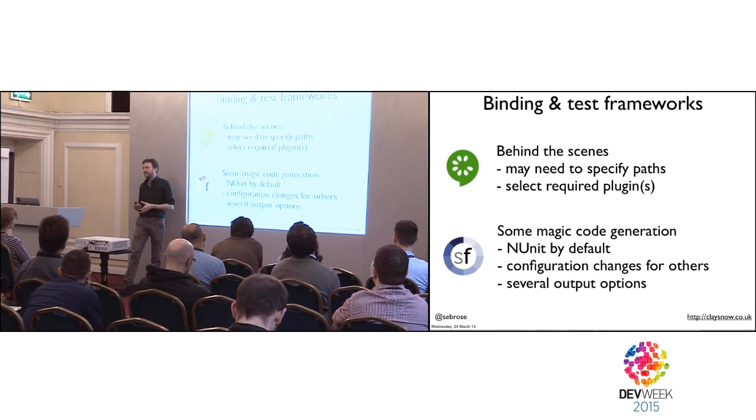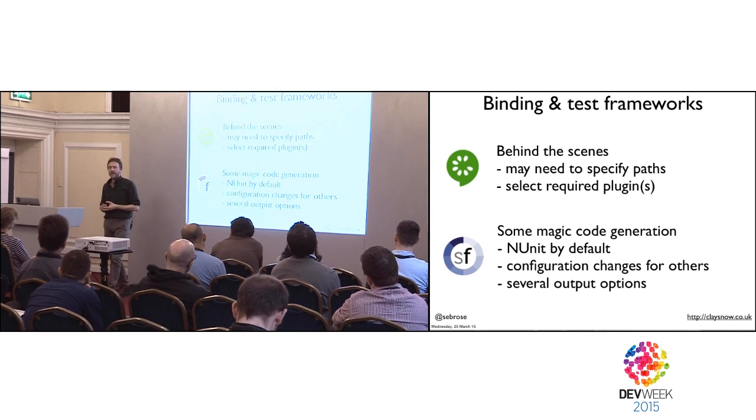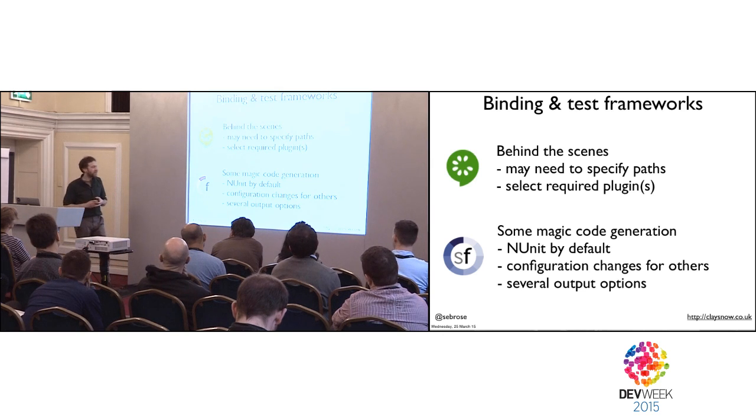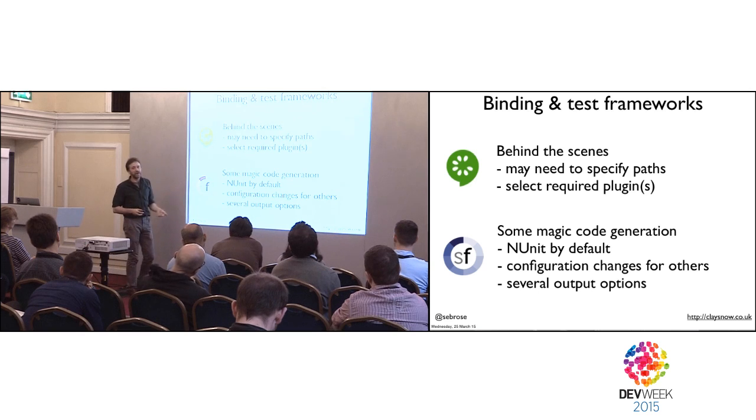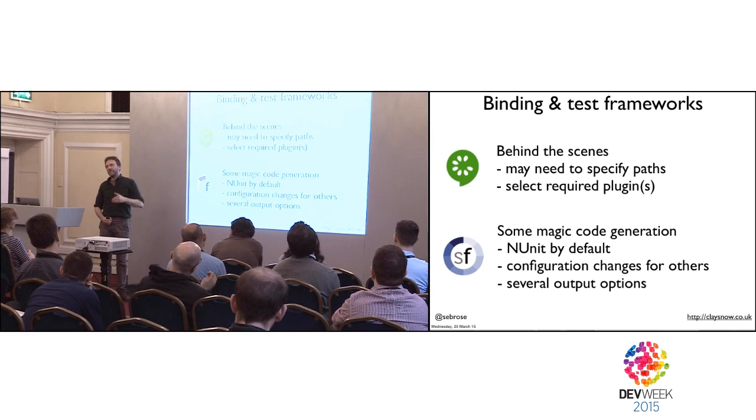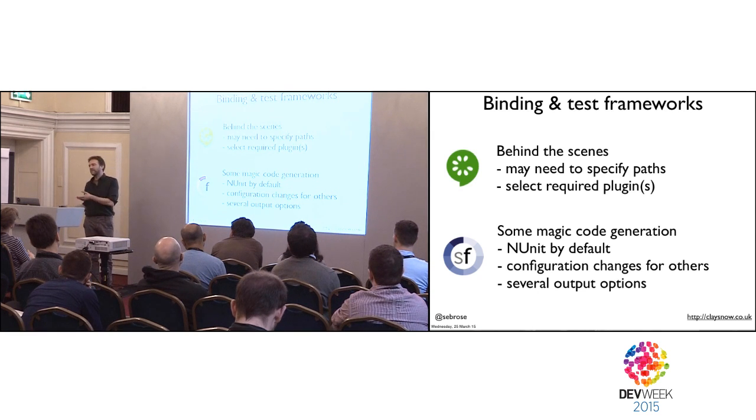SpecFlow, because it lives in Visual Studio, the .NET world where everything has to be complicated, is complicated. Every feature file generates code behind, because why wouldn't you? So every feature file has a C# file, and if you want to do things on the command line, you have to know the right invocations, and they use Visual Studio project files to work out where.